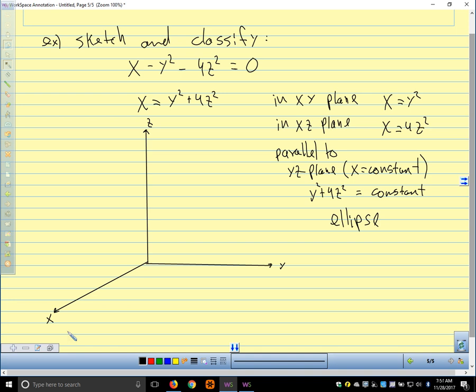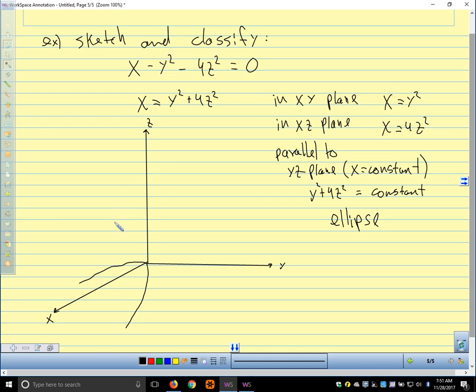All right. In the xy plane, we have a parabola. So there's a parabola in the xy plane, flat in this plane.